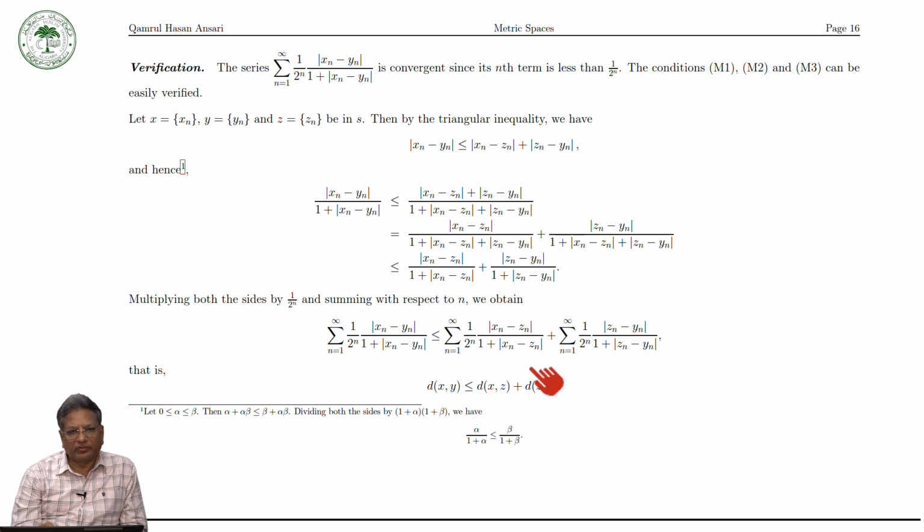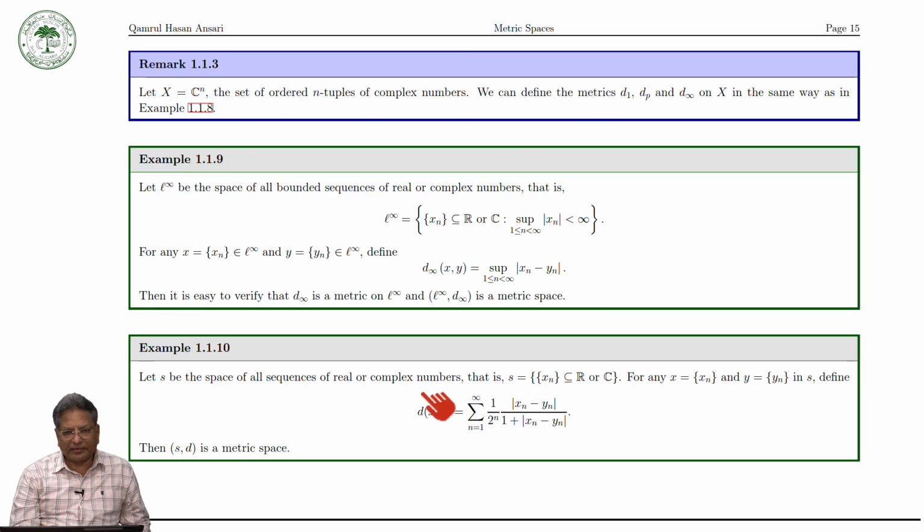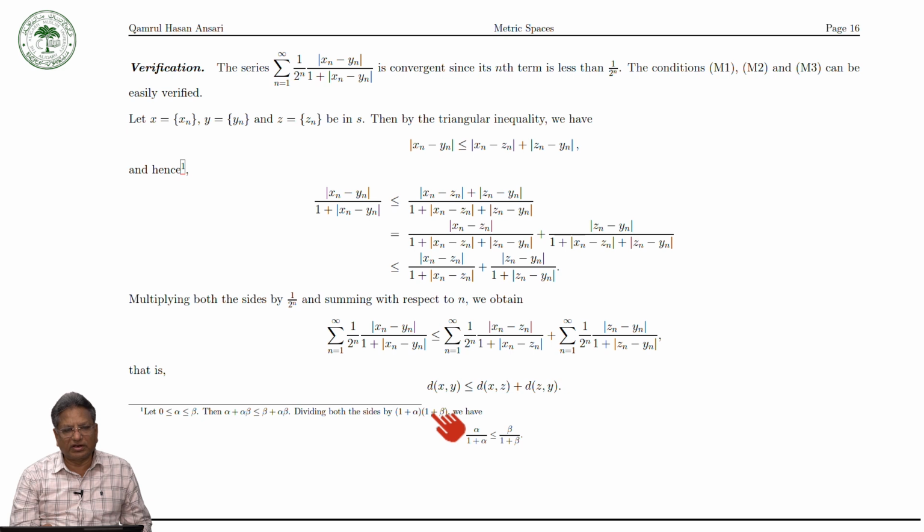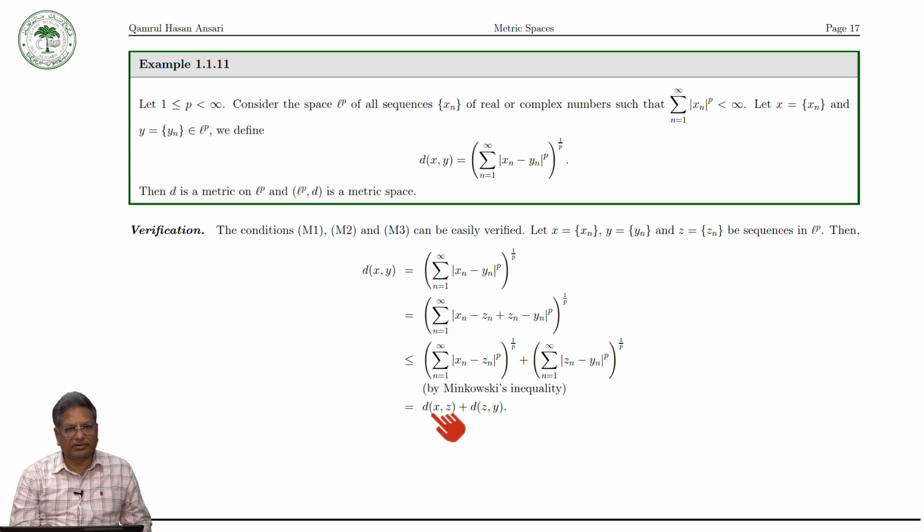So this way we can prove that the function dxy defined in this way is nothing but a metric on the space of all sequences of real or complex numbers.